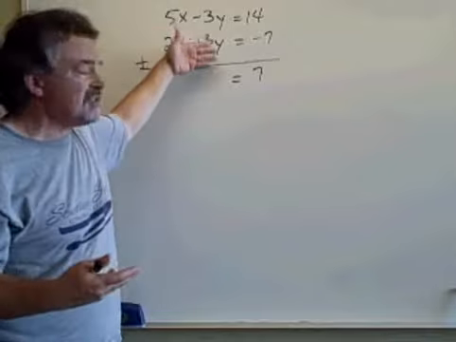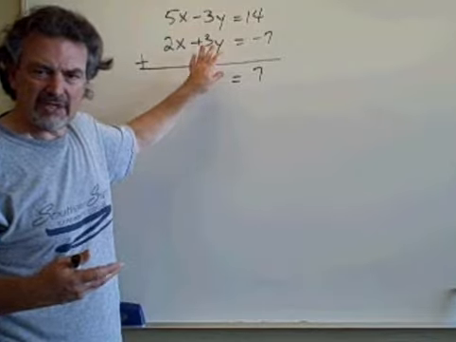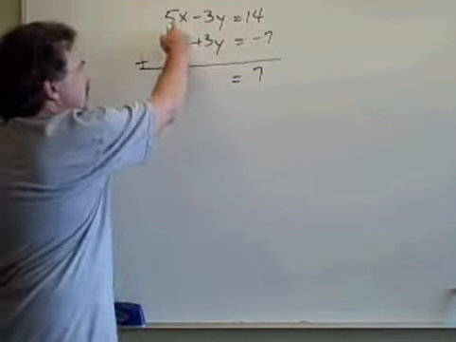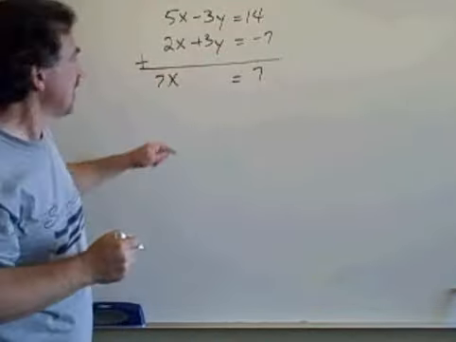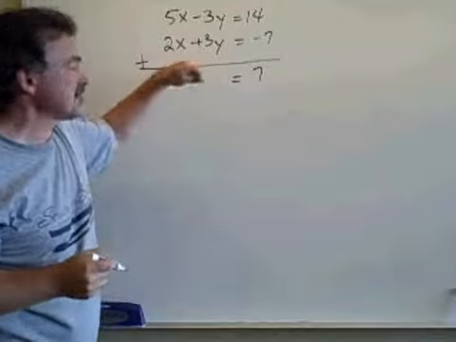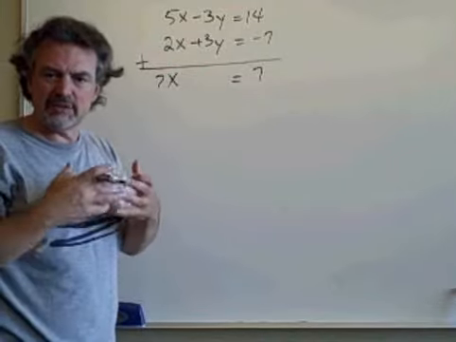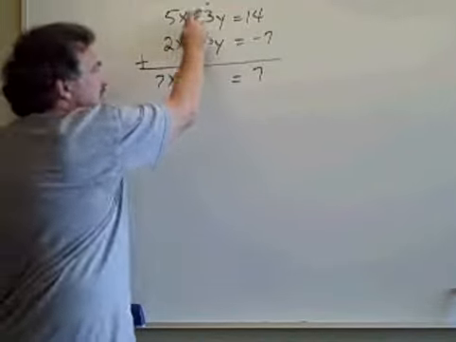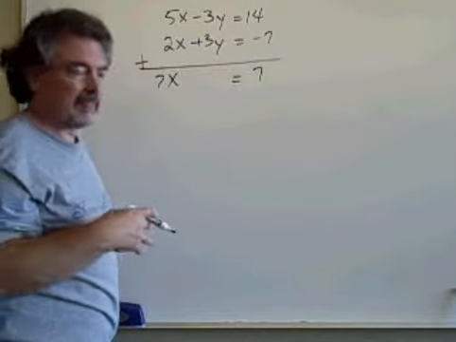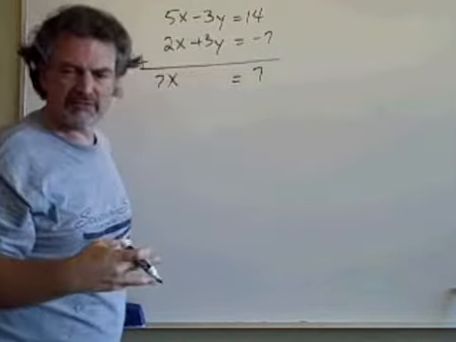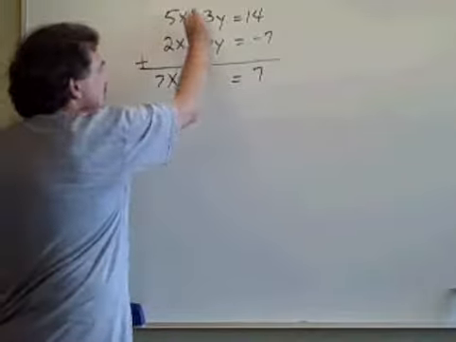When I add these terms together that are here on the left side of these two equations, 5x plus 2x gives me 7x, and minus 3y plus 3y gives me 0. These terms are additive opposites. -3, +3 are additive opposites.